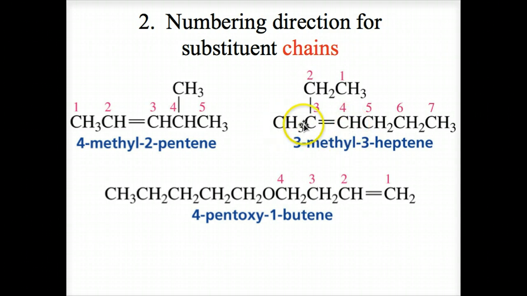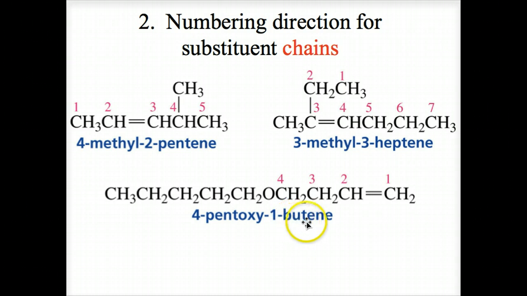Here's 3-methyl. Notice this methyl group is off of number 3, but 1, 2, 3, 4, 5, 6, 7 gives us 3-heptene, whereas if we had numbered it from the right side, 1, 2, 3, 4, it would have been 4-heptene, which is not as good as 3-heptene as far as naming and nomenclature rules. And here you can see the double bond is way over here on the right, so we're going to number beginning with 1 here.